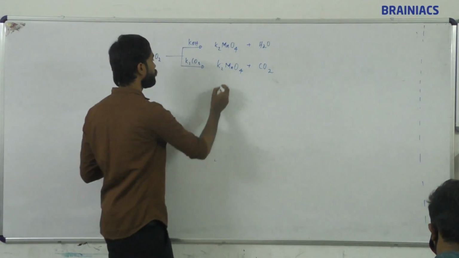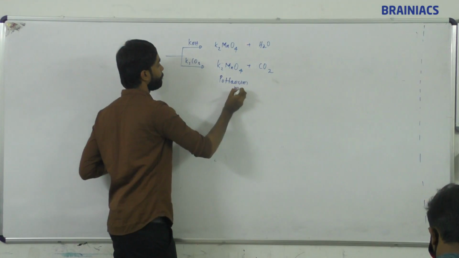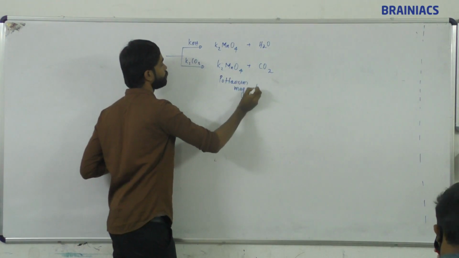This K2MnO4 is said to be potassium manganate.